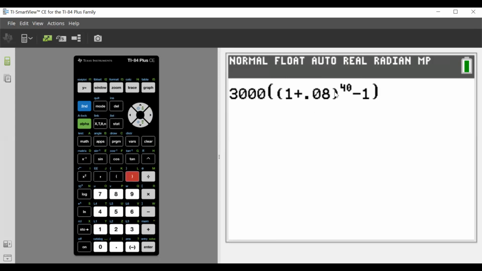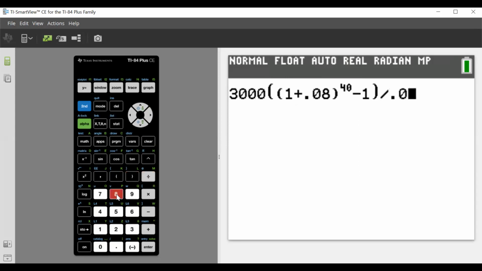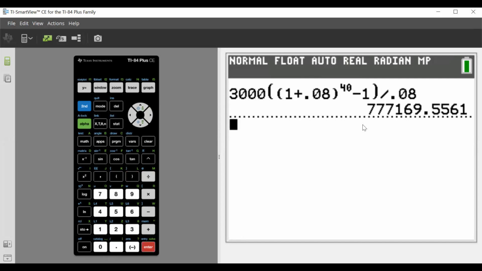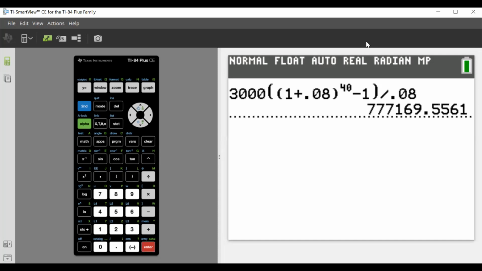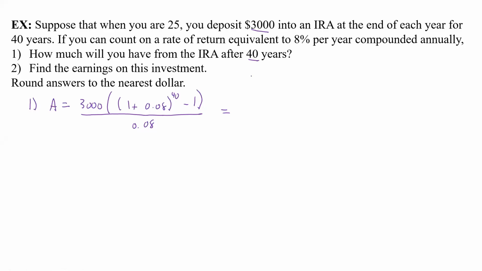So now we have this piece minus 1, all that's in parentheses, and we divide that by 0.08. And we get $777,169.56. And so if we go back over here, that gives us, again, $777,169.56.